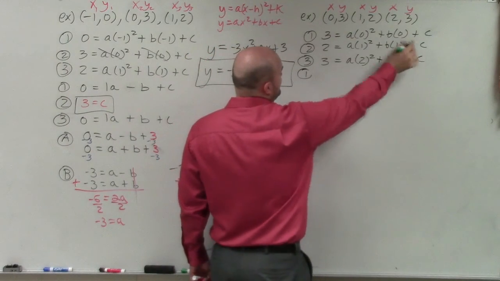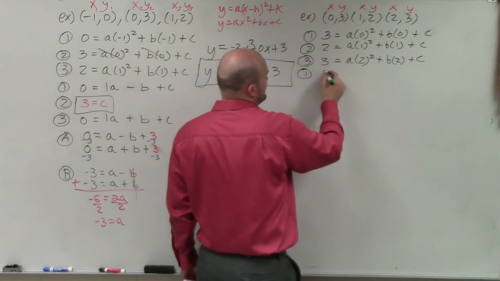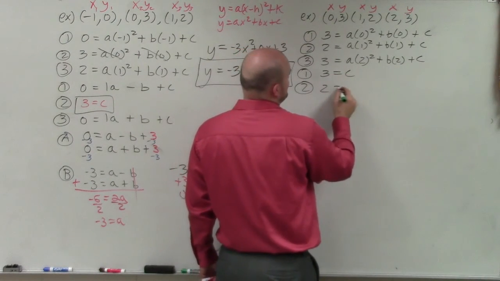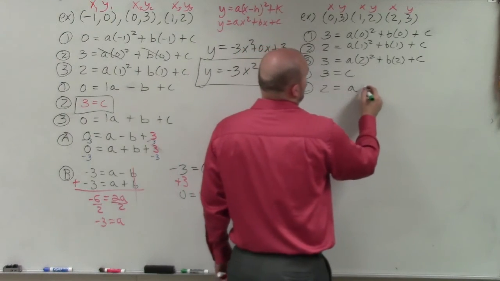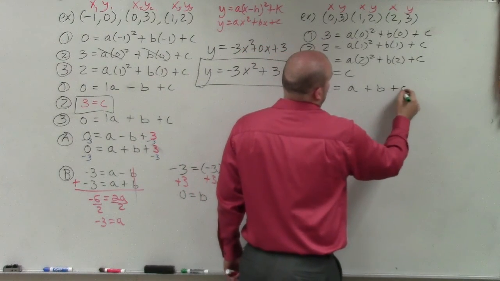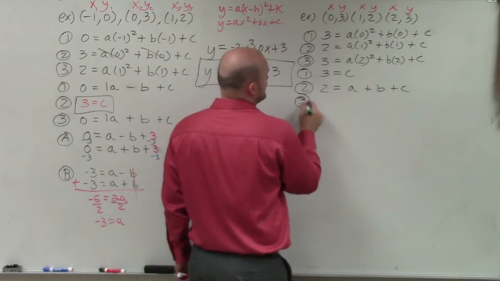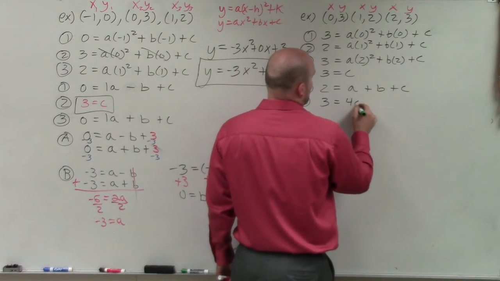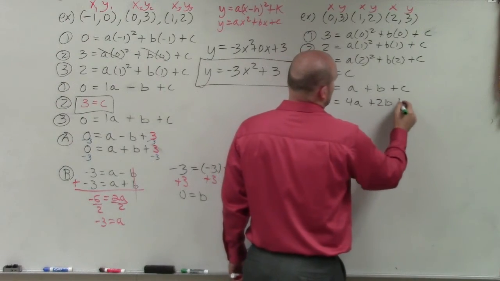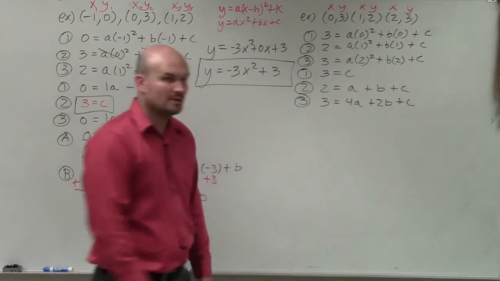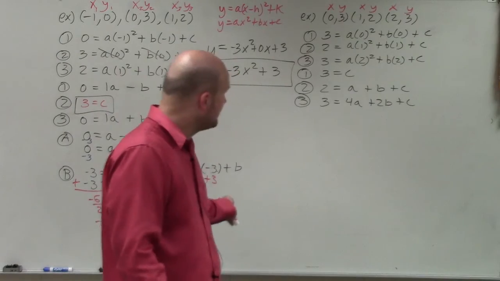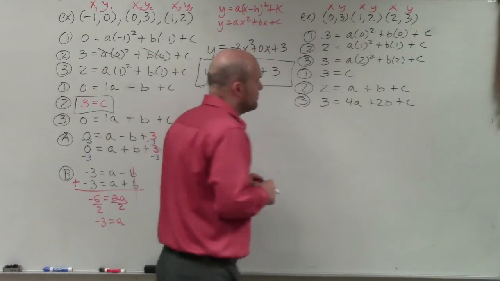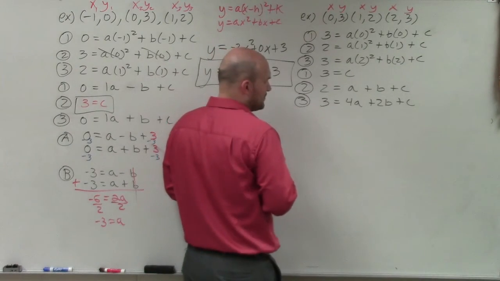OK, now let's go ahead and simplify each of these equations again. You can see here, my zeros are going to cancel out. So I have 3 is equal to c. Equation number 2, I can simplify to 2 equals a plus b plus c. And equation number 3 is going to simplify to 3 equals 4a plus 2b plus c. Now I can evaluate my value c, which is equal to 3.